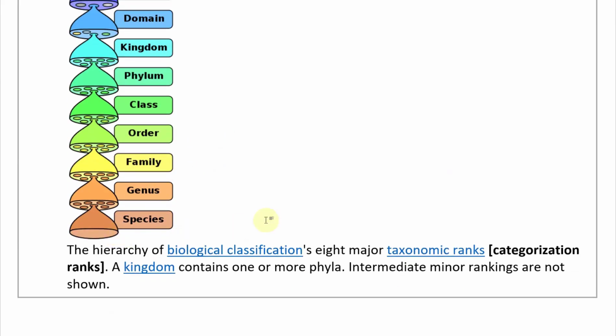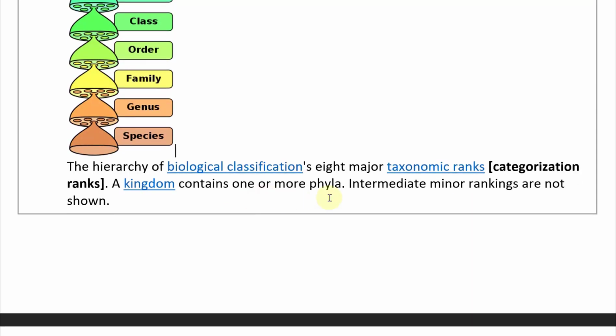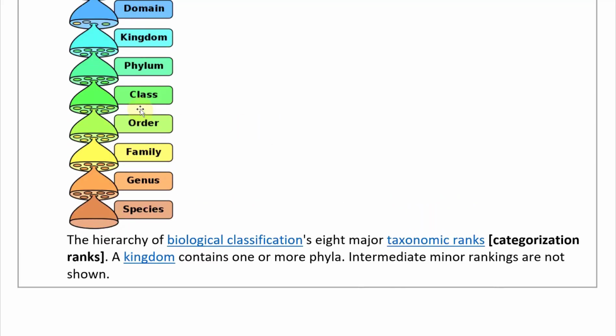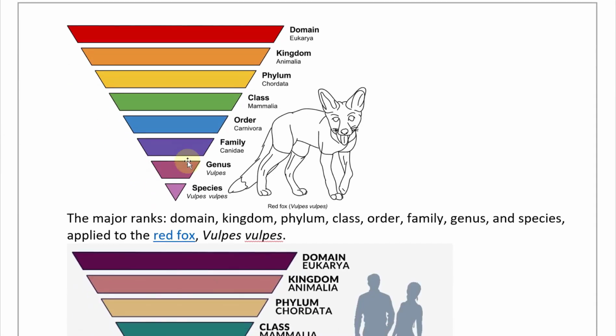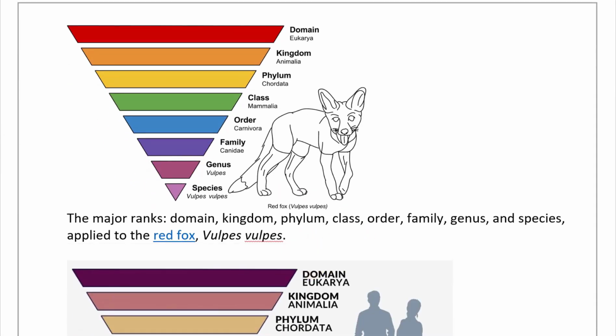Let's just read the description of this figure. The hierarchy of biological classifications, 8 major taxonomic ranks, or just categorization ranks. A kingdom contains one or more phyla. Intermediate minor rankings are not shown, so anything in between and other minor ranks. And going further, here's some further examples.